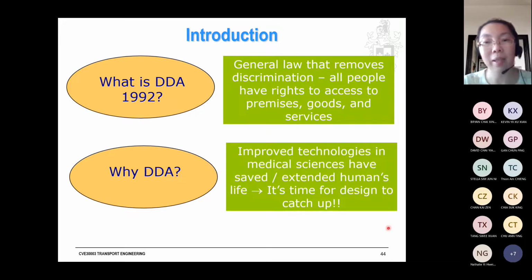By the way, what's our human life expectancy? Any one of you can give a guess? 60?